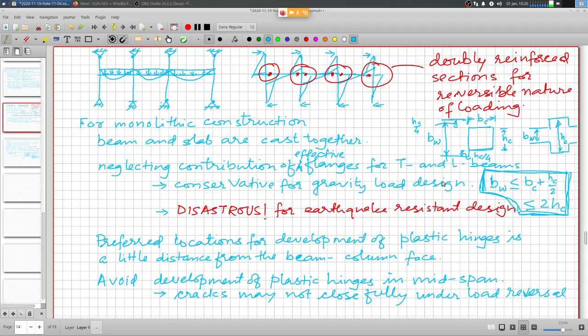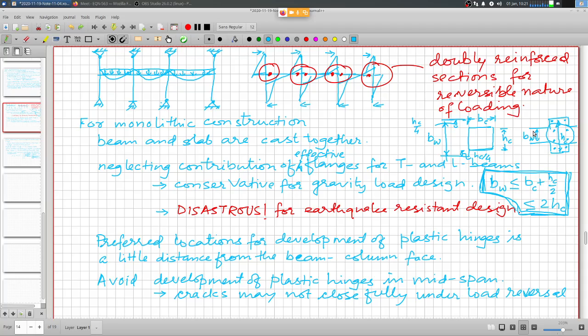This also needs to be avoided because the column reinforcement that is beyond this, that is away from this beam line, is not as effective in withstanding the flexural resistance as the column reinforcement within the dimensions of the beam width framing into the column.